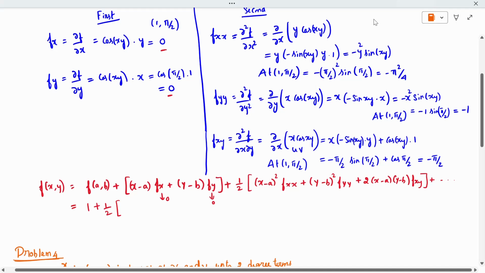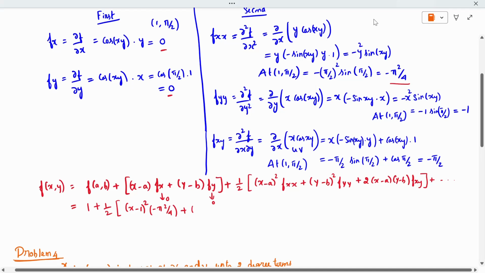So 1 by 2 into x minus 1 the whole square into fxx, which is nothing but minus pi square by 4, plus fyy, which is nothing but minus 1.